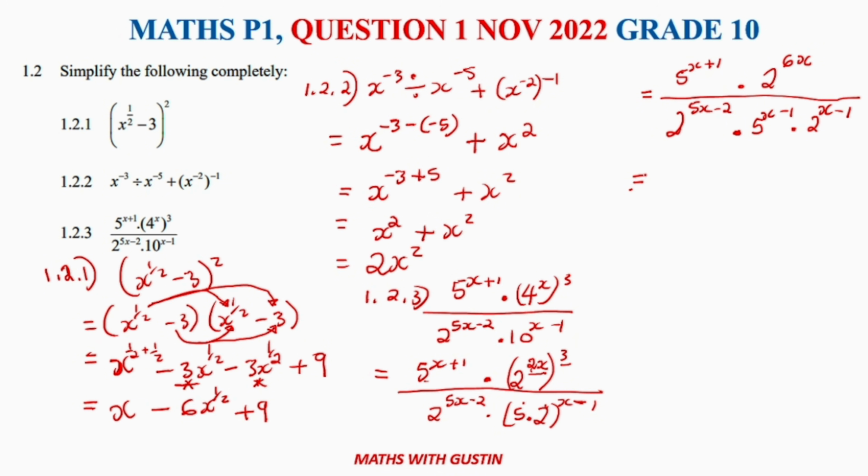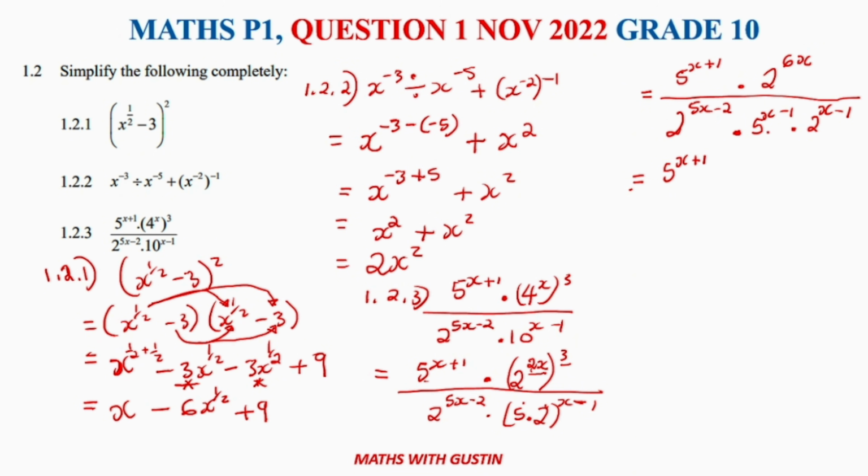We can do either of two things here. We can start with the 5. Let's start with the 5 because it's the one that is starting there. 5 to the power of x plus 1. Now be careful here. We've got this 5 to the power of x plus 1, and then we've got this 5 at the bottom, x minus 1.